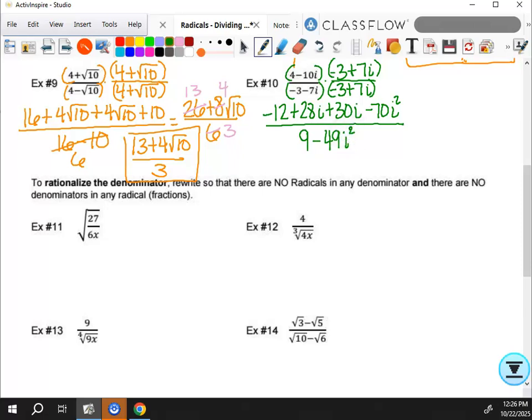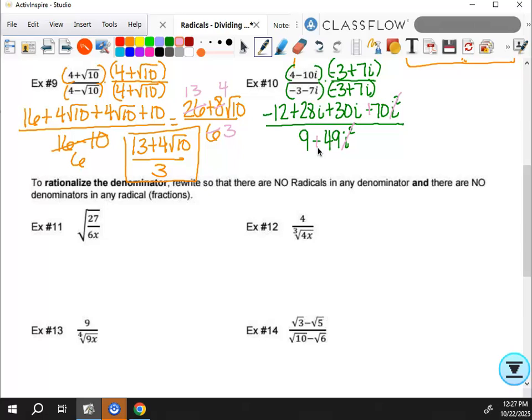Okay. What does i squared equal? Negative 1. So before I do anything else, if i squared is negative 1, then this becomes a positive 70. If i squared is a negative 1, that becomes plus 49.